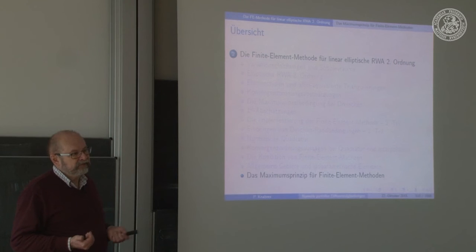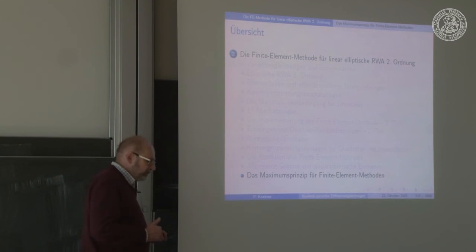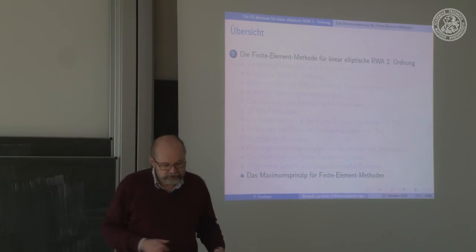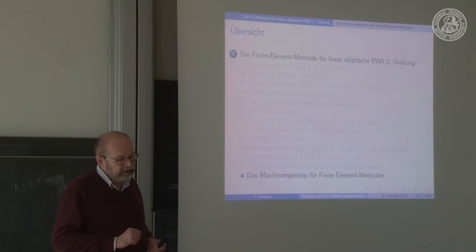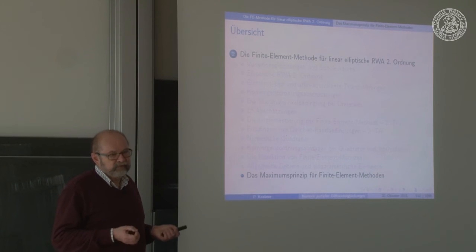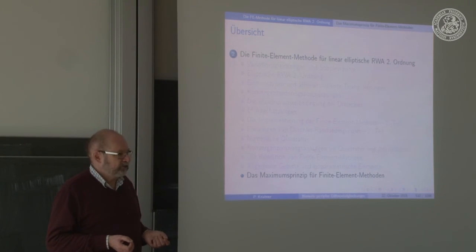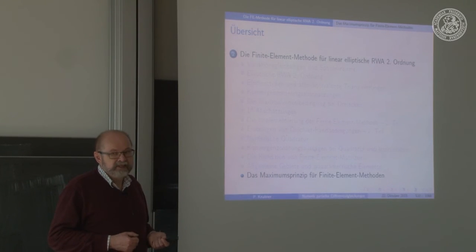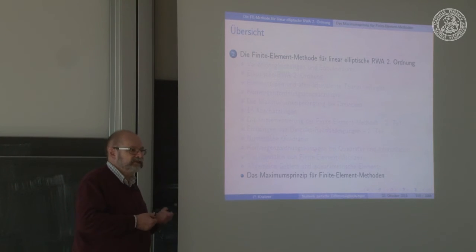The good thing about the inverse monotonicity is not only that it gives us a way to prove orders of convergence, as in this case, but it also gives us qualitative properties of the solutions as they should be. It prevents overshooting and undershooting, and unnatural negative values if something is supposed to be a concentration.